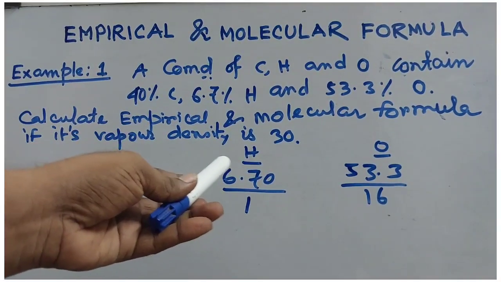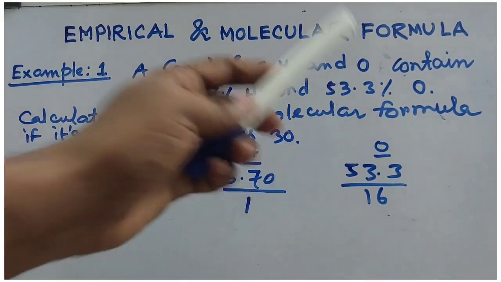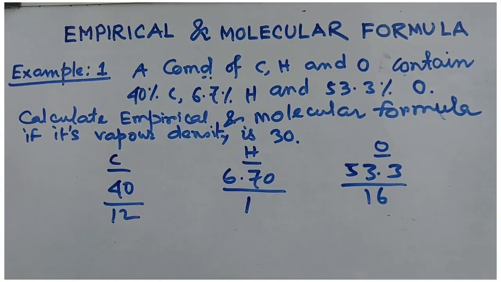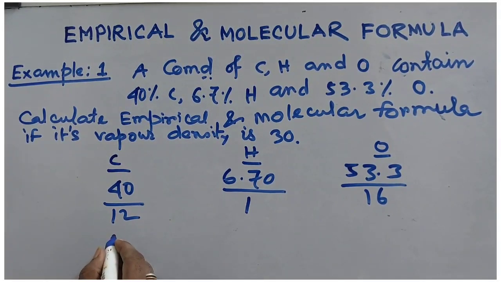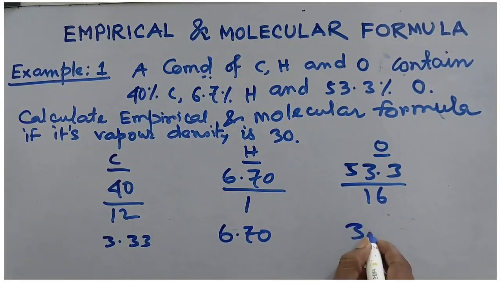In case of hydrogen, 6.70 percentage composition, atomic mass 1, that is 6.70 by 1, and in case of oxygen 53.3 divided by 16. By dividing, we get 3.33, 6.70 and 3.33.